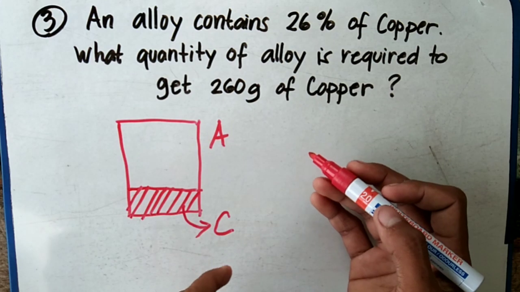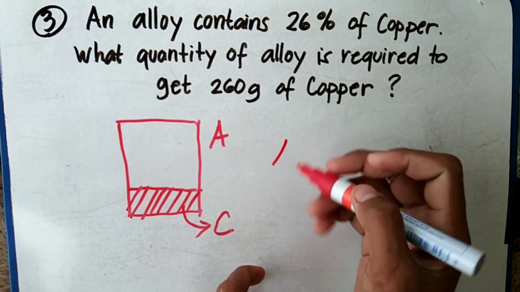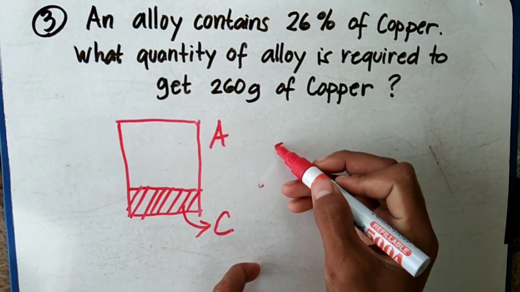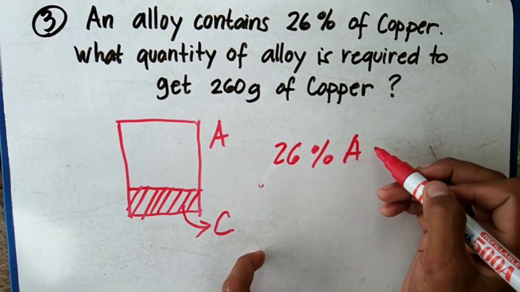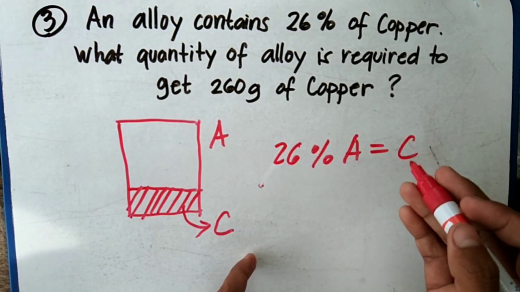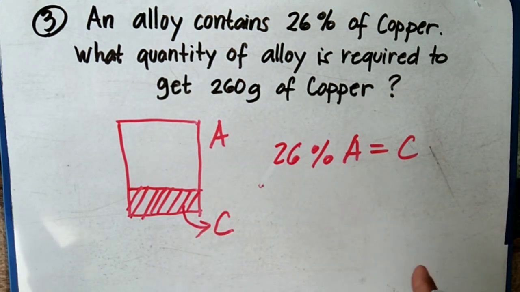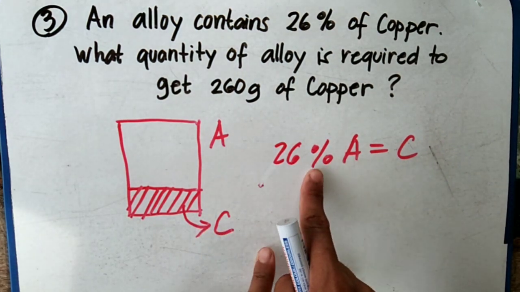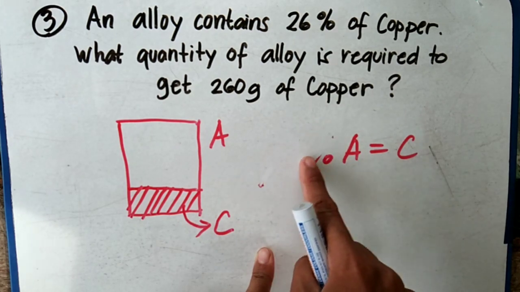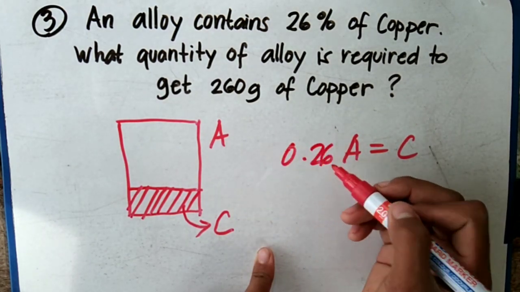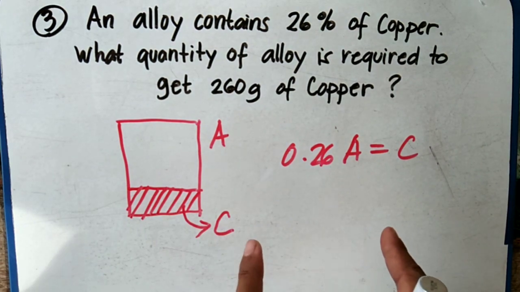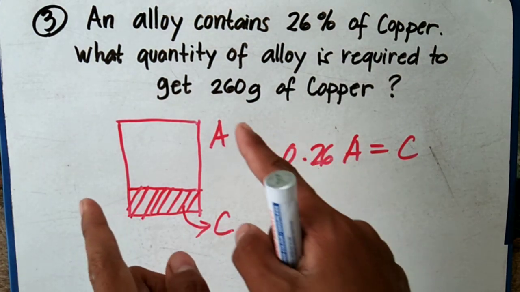So paano ba natin to magagawa ng equation? Ang gagawin natin is 26% of A is equal to C. Yes, tama yan. And now, i-convert natin tong percent sa decimal. 26% magiging 0.26. And now, gamitin natin to sa second sentence.